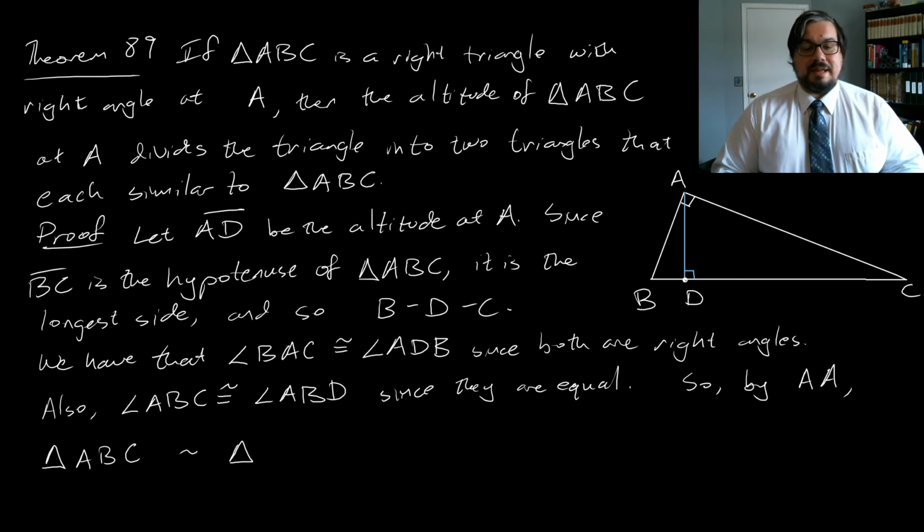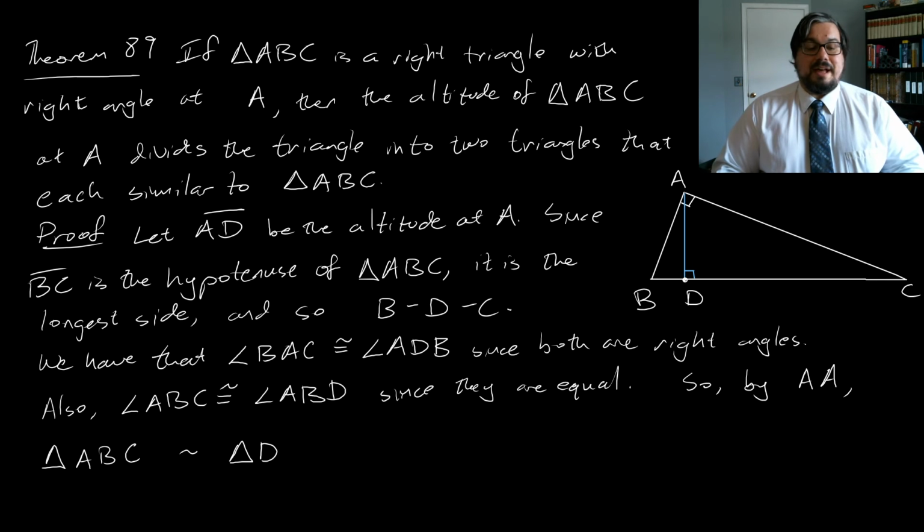So we have that the angle BAC is congruent to the angle ADB. That means that the angle with vertex at A corresponds to the angle with vertex at D. And so A came first in the first triangle, D is going to come first in the second.